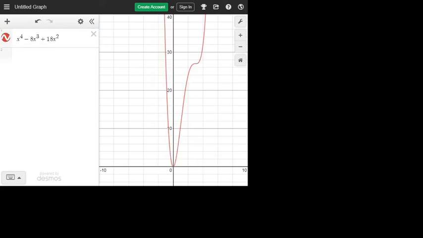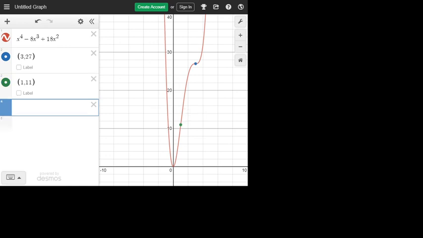If we click on some key points, we can see that we got 3, 27 here. Let's write those in: 3, 27, there it is. 1, 11, there it is. There's our point of inflection where the graph transitions from being concave up to concave down.